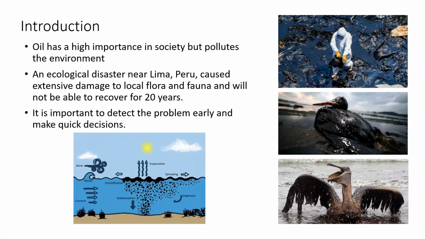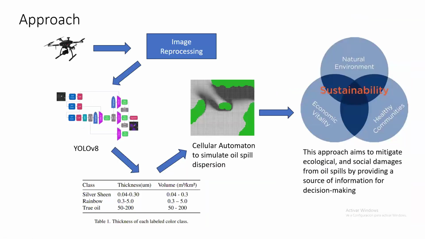How to solve this problem? This approach mitigates ecological and social oil spill damage by providing a source of information for decision making. I use a YOLO neural network to segment images of oil spill thickness color.